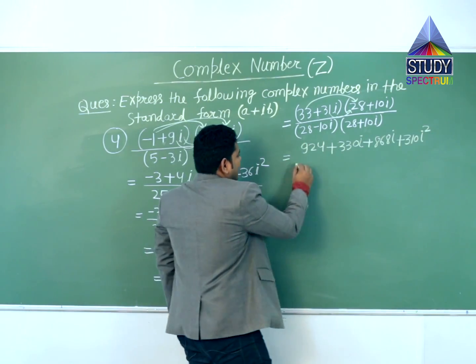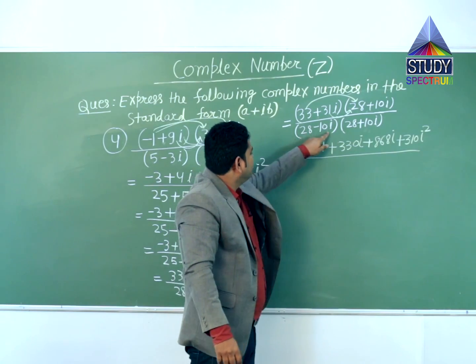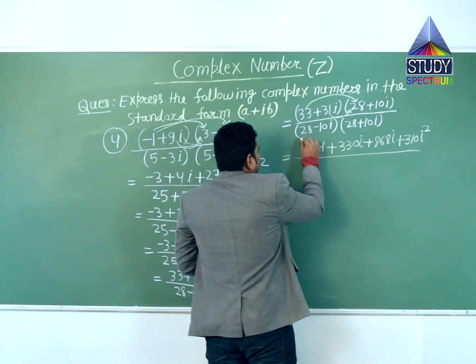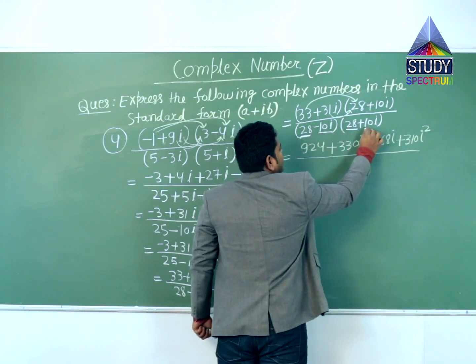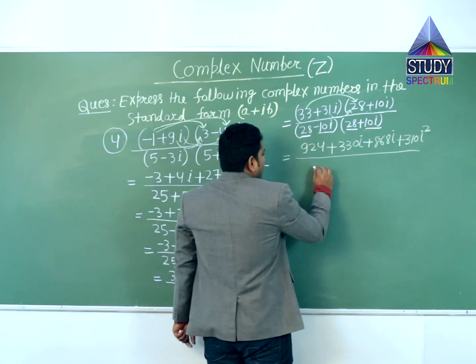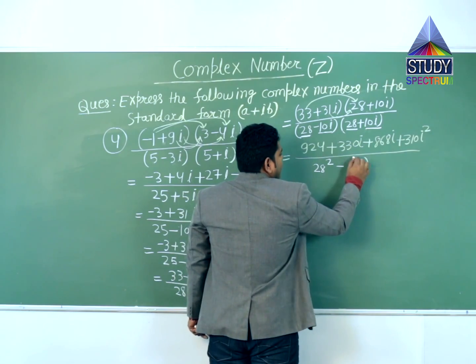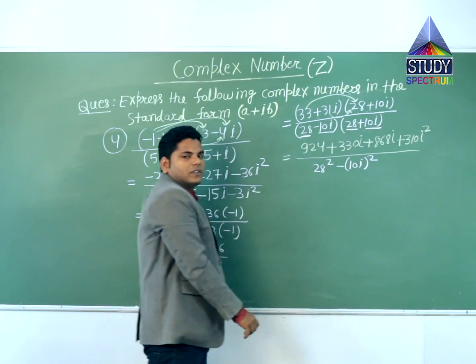Okay. Divided by, it is in the form of a minus b, a plus b. So it will be a square minus b square. So we'll write 28 square minus 10i square. Got it?